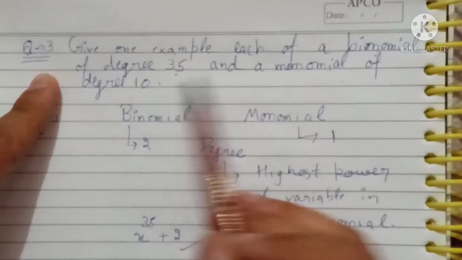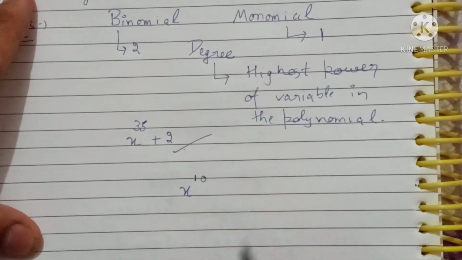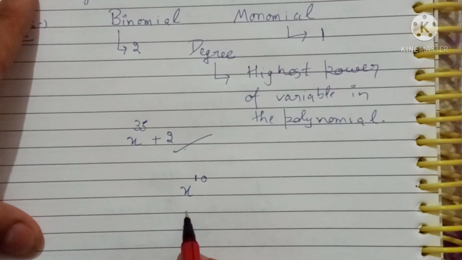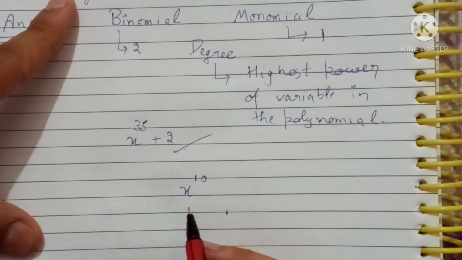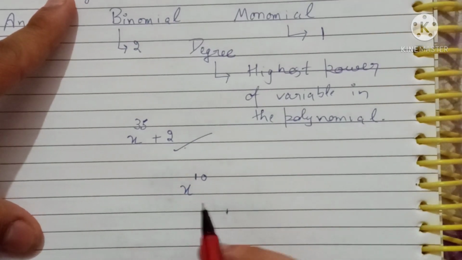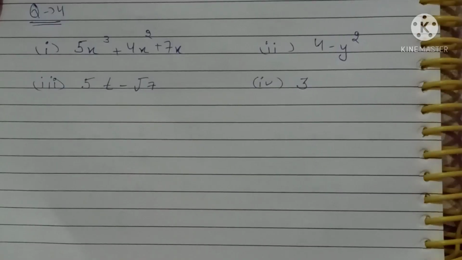So x raised to power 10. Now recheck it. Is this a monomial? Yes, because it contains one term. Is it a monomial with degree 10? Yes, because it contains highest power of variable, that is 10. Right? So that's how we have solved question number 3.